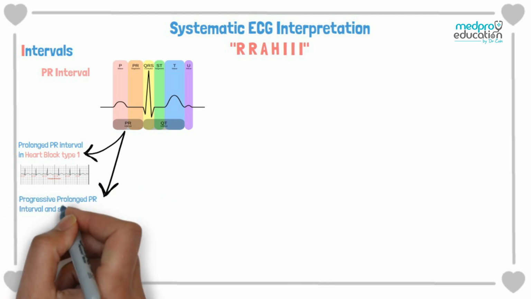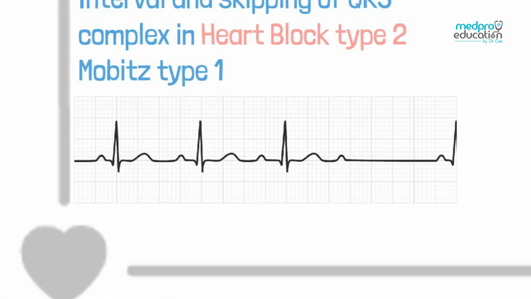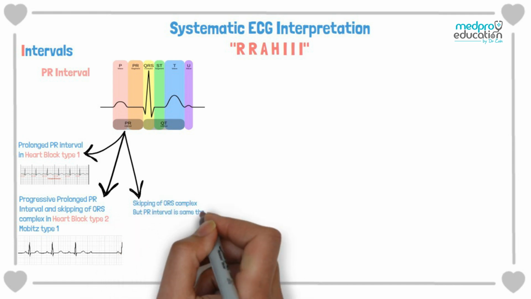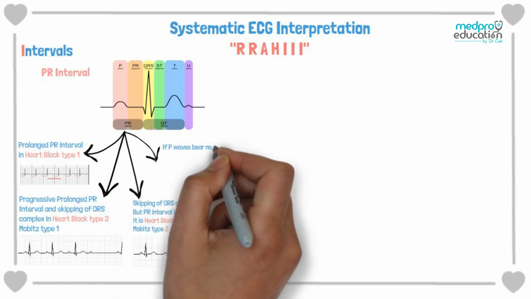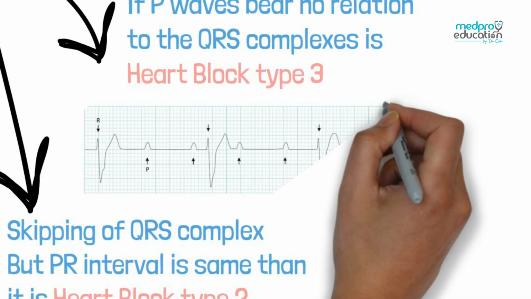Progressive prolonged PR interval and skipping of QRS complex in heart block type 2 Mobitz type 1. Skipping of QRS complex but PR interval is the same, then it is heart block type 2 Mobitz type 2. If P waves bear no relation to the QRS complexes, it is heart block type 3.